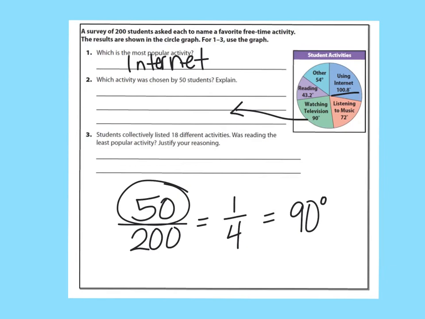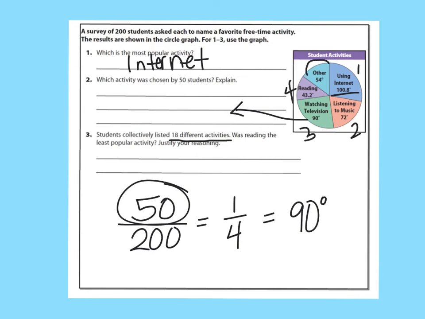Okay. Number 3, students collectively listed 18 different activities. Was reading the least popular activity? Justify your reasoning. So no, reading wasn't, because you can see there were 18 different activities. On our circle graph, we have 1, 2, 3, 4 that are listed individually.